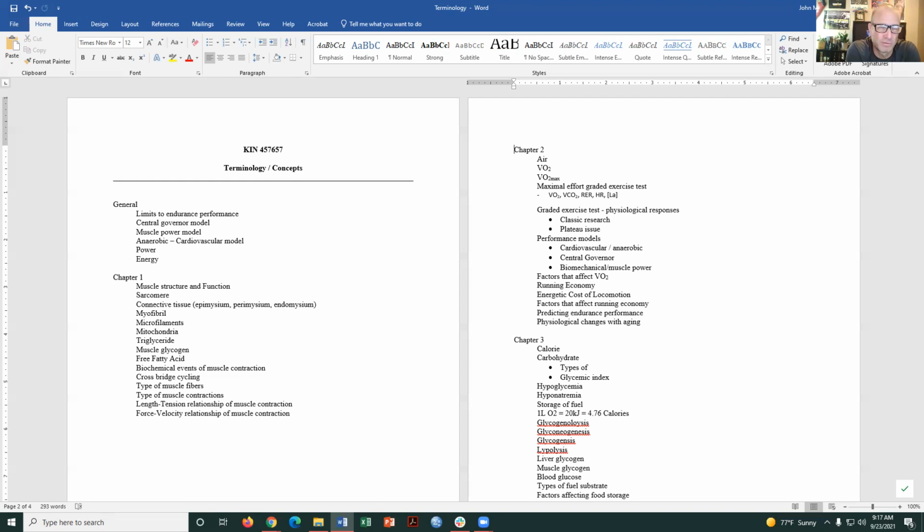And so when we start looking at different athletes, some athletes may simply be able to generate force from a muscle better than another athlete, based upon the structure of the muscle, or the pennation angle, or maybe even some of the elastic characteristics within a muscle and within a joint. And so this becomes more a biomechanical muscle power model that he refers to in terms of sort of the mechanics of generating muscle force.